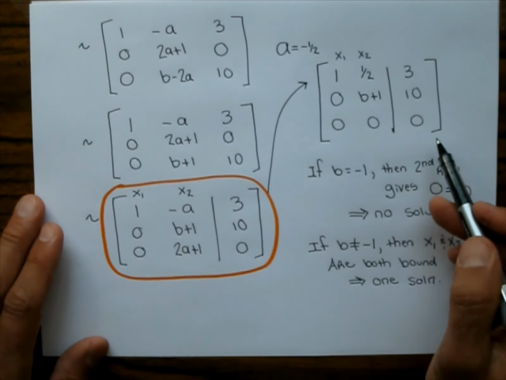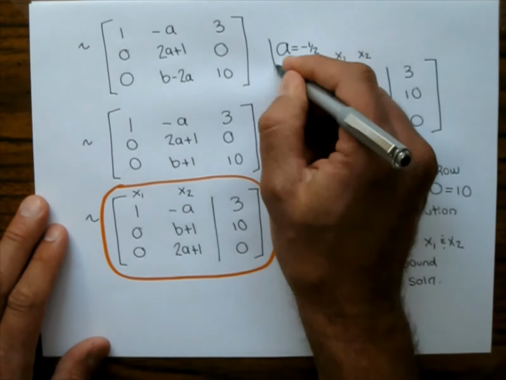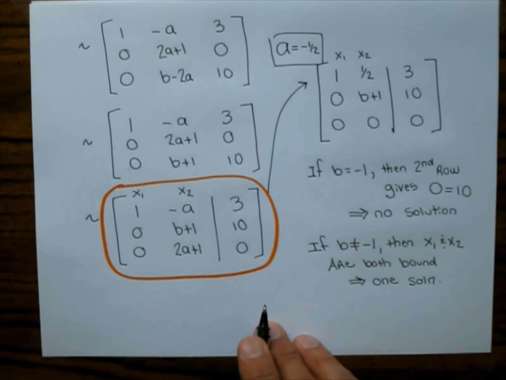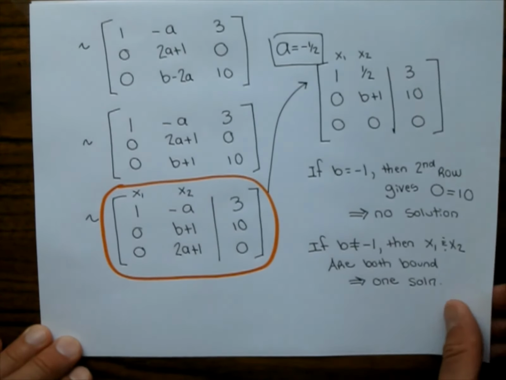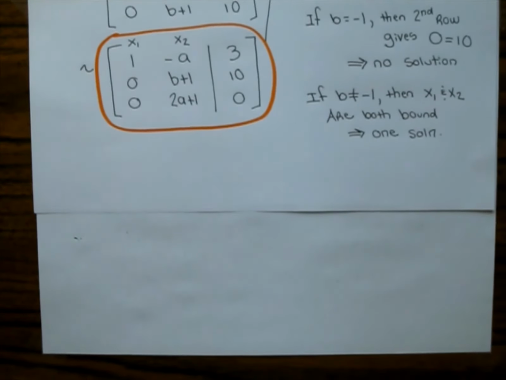And the last situation, okay, so we've covered all the cases here where a is negative 1/2. If a does not equal negative 1/2, let's see what happens then. Okay, so I need another piece of paper.